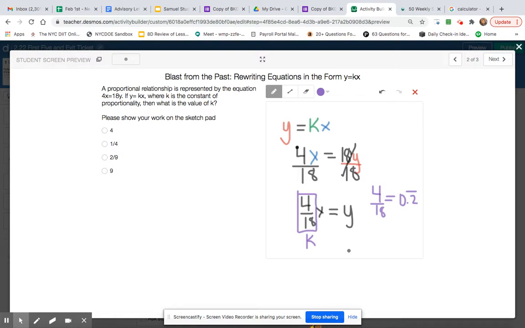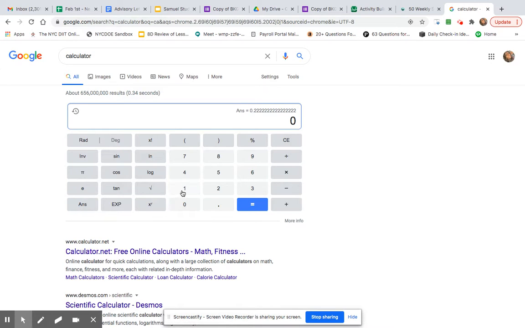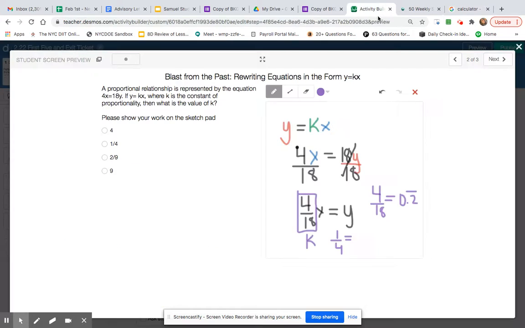So now we're going to go through these two answer choices. So 1 over 4, if you do it on the calculator, is 1 divided by 4, which is 0.25. So 0.25 is not the same thing as 0.2 repeating, right? So we know that that can't be equivalent.